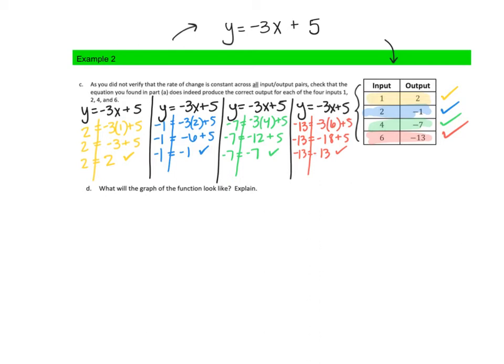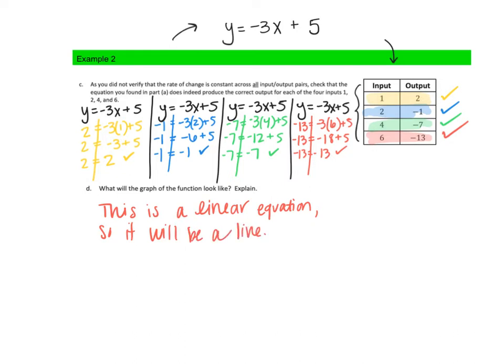So what is this graph going to look like? Well, this is linear, so it's going to be a line. One thing I want to note about the line is I know where it's going to start.